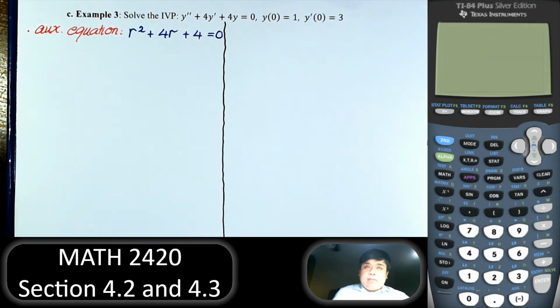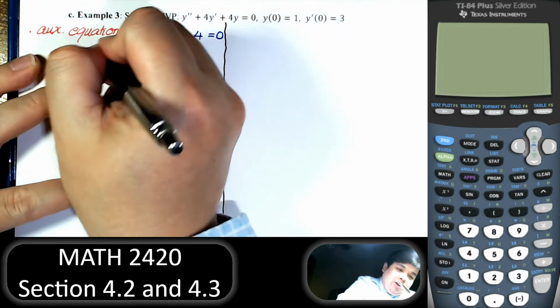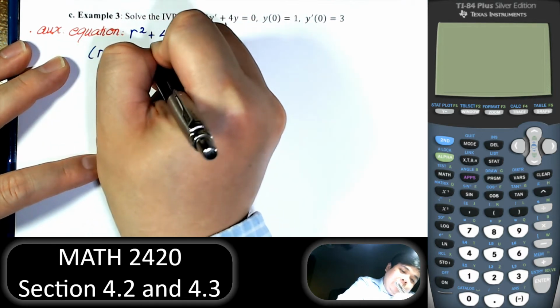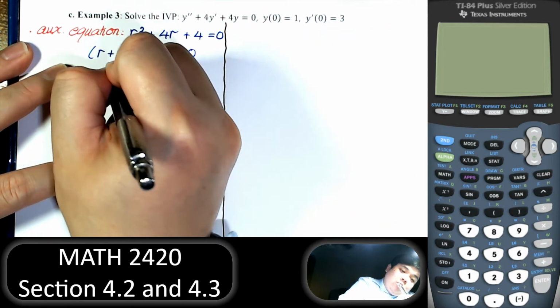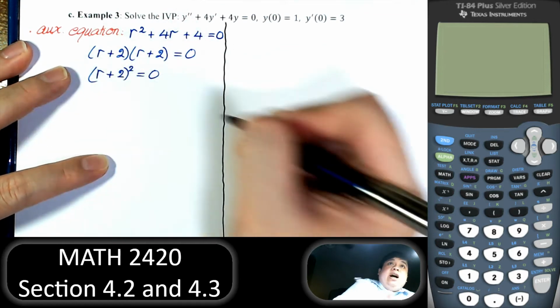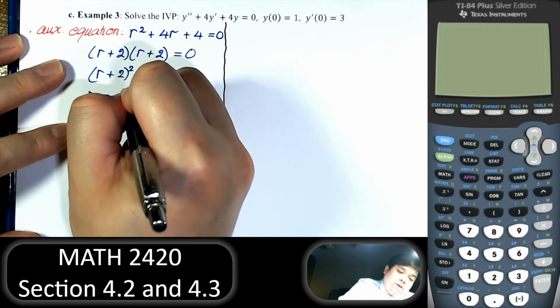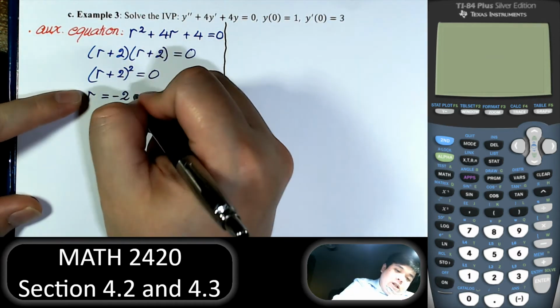Now, to solve for it, of course this is a perfect square trinomial. We can factor it. But the factors are the same, so when we solve for this, we have r equal to negative 2. There's only one solution, so we call this the double root.